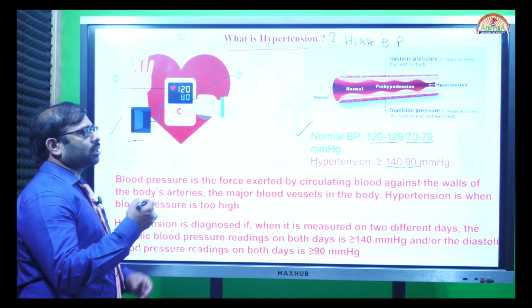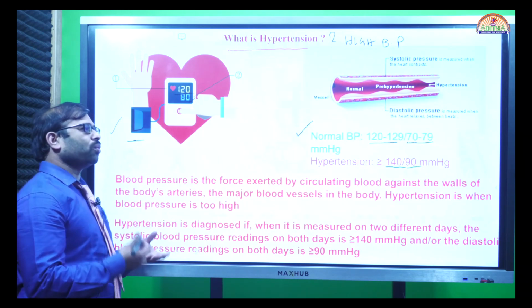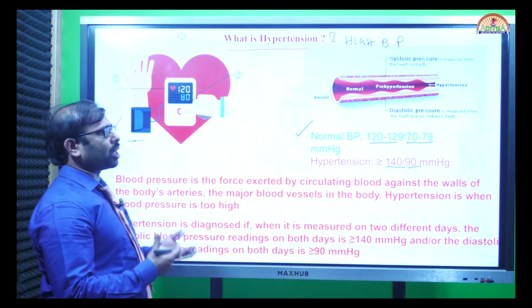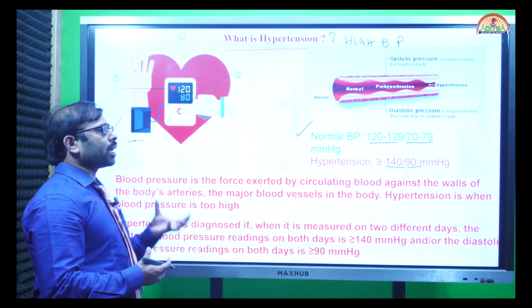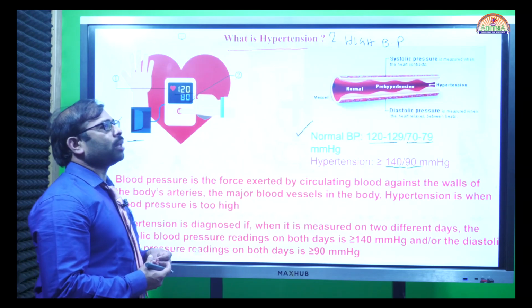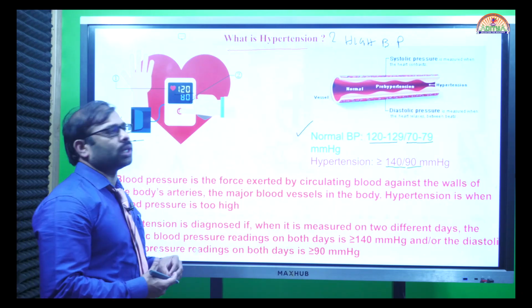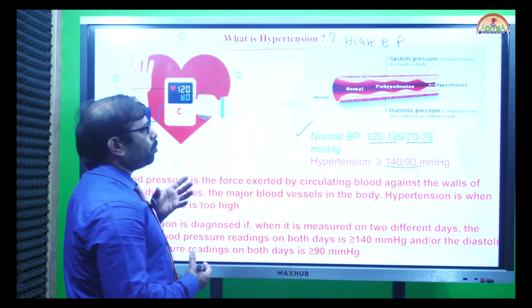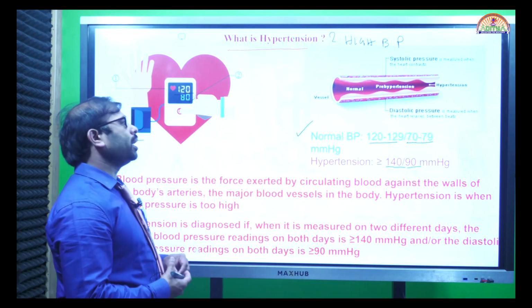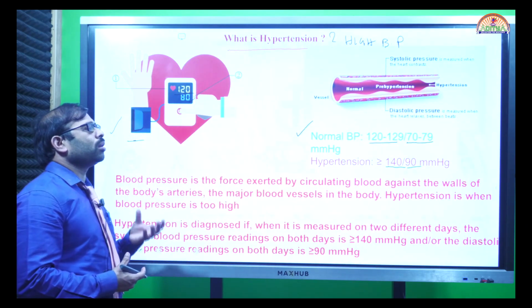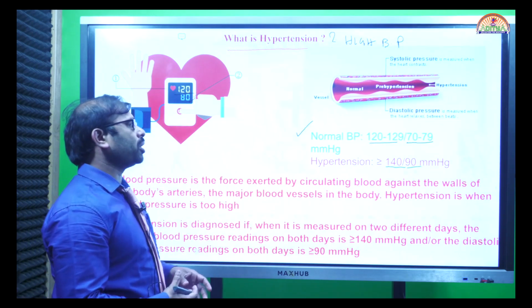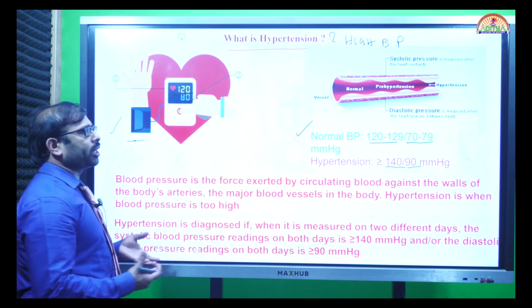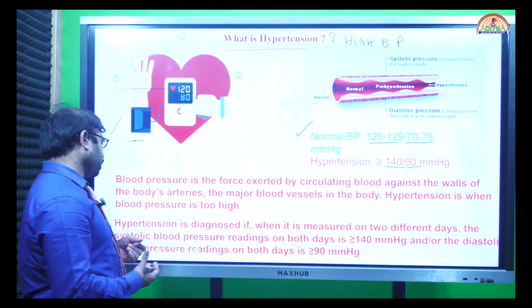The blood is circulated in the veins and arteries with a certain pressure, built up by the heart. It has a normal value of 120/80. If it crosses 140/90 mm of Hg, then it is called hypertension or high BP.